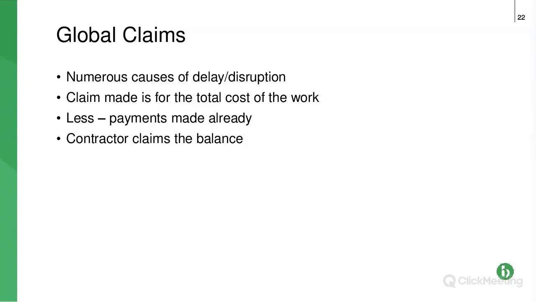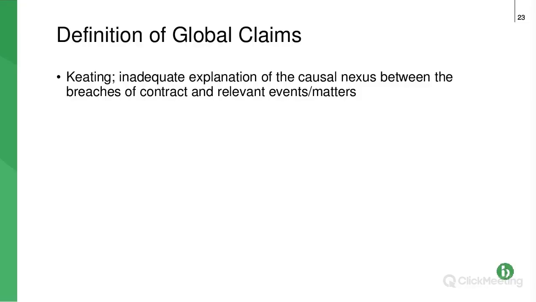So you're looking at it from the reverse and justifying it. It's not sufficient just to say, I want the full 2 months because of these items. But it is possible to bring a global claim. The courts will support them. It's just a different way of proving a claim.